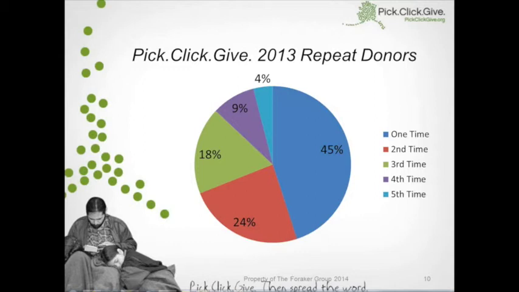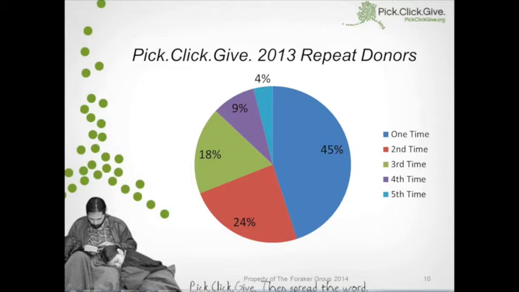I've got a question here. It says, what about the people who apply for permanent funds by mail and is there no Pick.Click.Give option? Yes, that's true. So those that apply through the mail aren't able to contribute through Pick.Click.Give. It's only an online option.